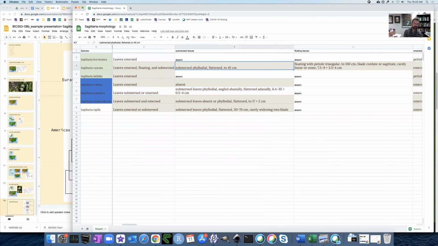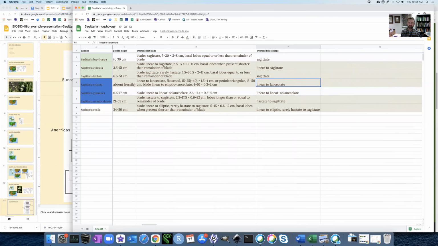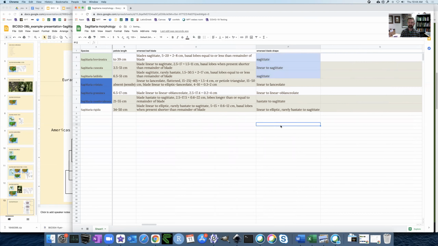Submersed leaves, present here, so that's not really a phylogenetic pattern. Floating leaves, only one species. Immersed leaves, pretty common. We got sagittate leaves, maybe a little bit more. This might be our best signal so far, but it's still a lot of fuzziness, all right?